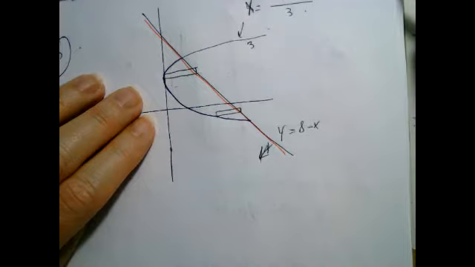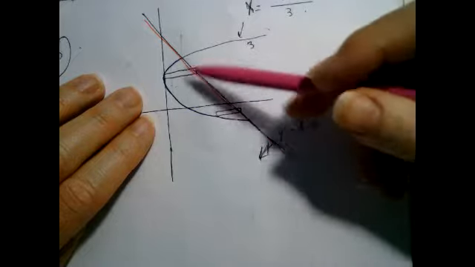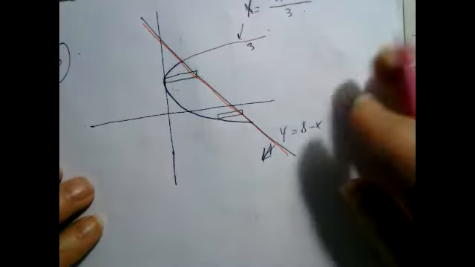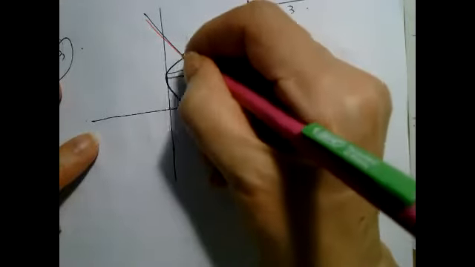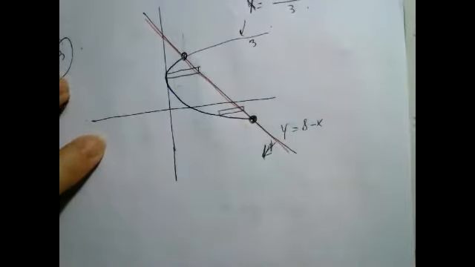Okay, back to you. How can I figure out which interval I need to split into pieces to cover my whole region with those horizontal rectangles? What do I need to find? Intersection points. We have to find the intersection points. Otherwise, I'm stuck.